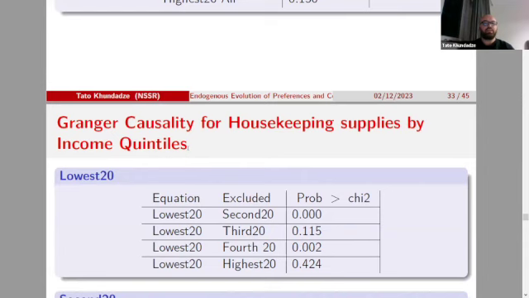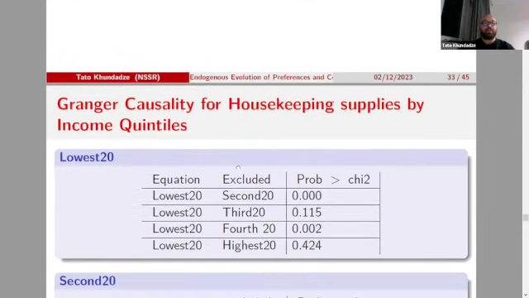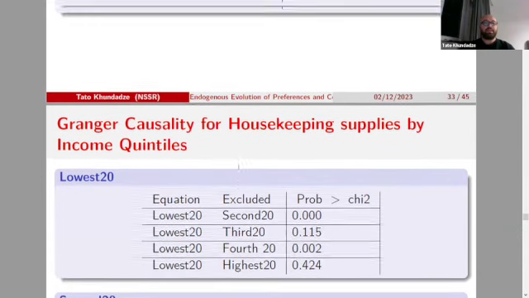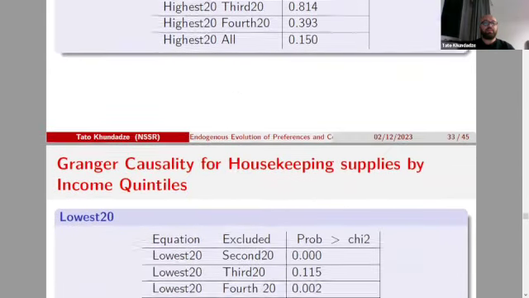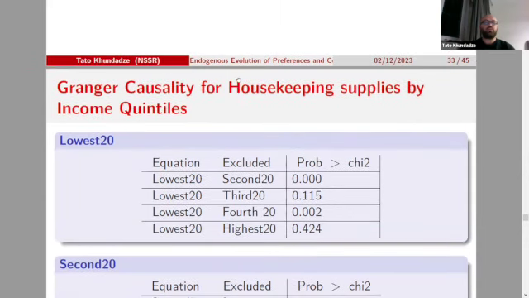Sometimes we got negative ones and they are not statistically significant, etc. Basically, this can be attributed to the fact that we don't have the Veblen effects when we have goods that are in the group of necessity.